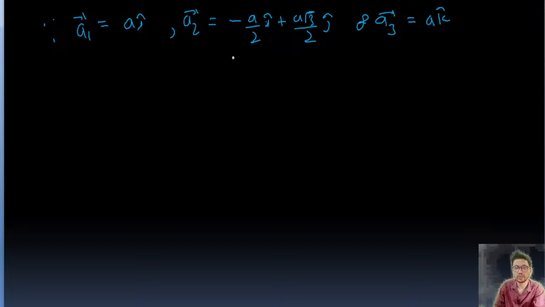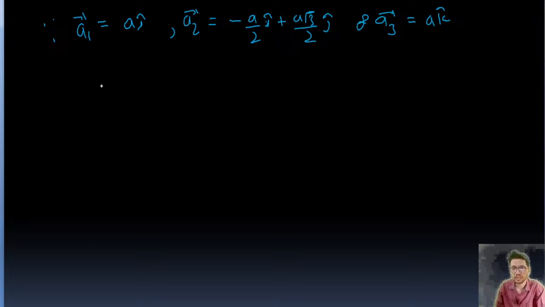We can see these are the primitive lattice vectors of the primitive cell of the hexagonal close-packed structure. I have already explained this in my condensed matter physics class.